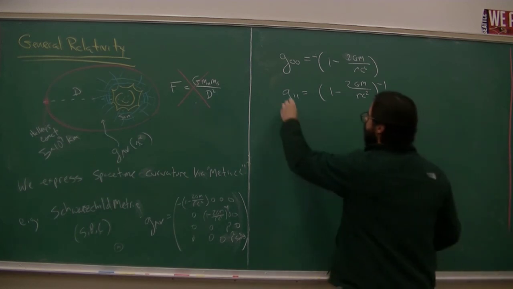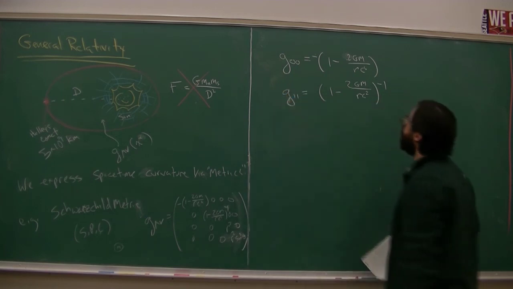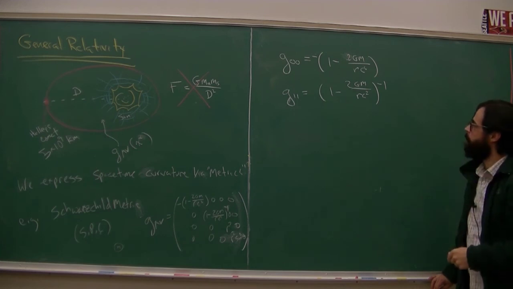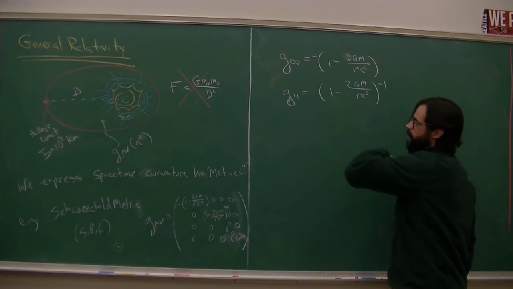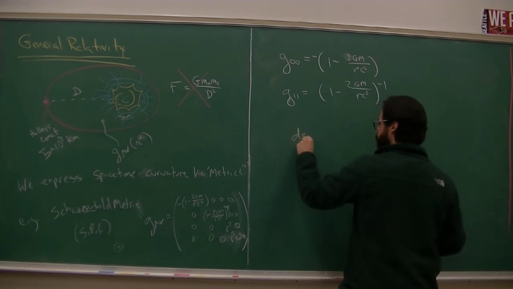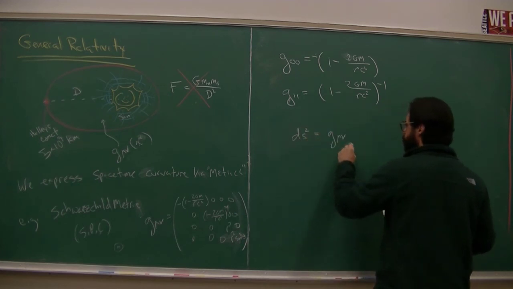Okay. That's the time piece. That's the radial coordinate. So something about this seems kind of bizarre insofar as the fact that this could vanish and this could vanish. So what I could see is the interval, which I would compute in the usual way.